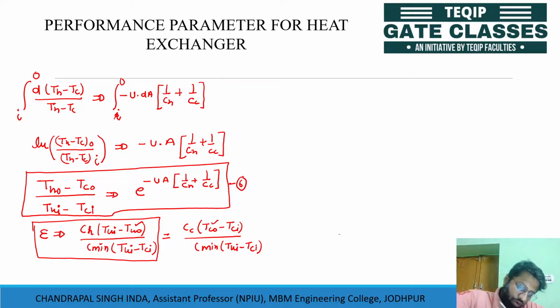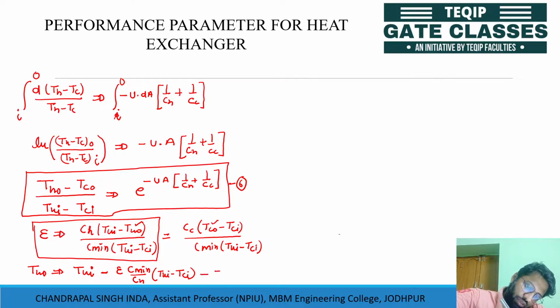So the value of T hot outlet is T hot inlet minus effectiveness times C minimum by Ch times (T hot inlet minus T cold inlet). That is equation number 7.